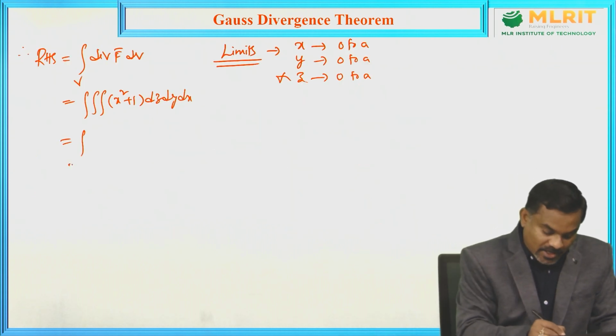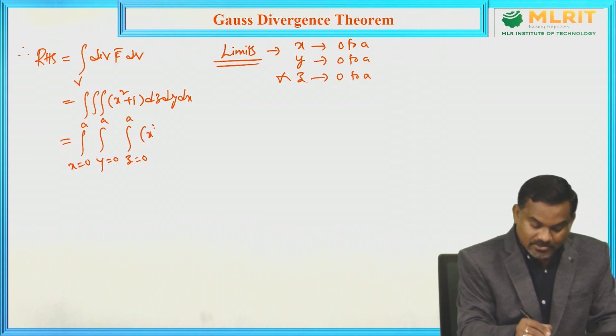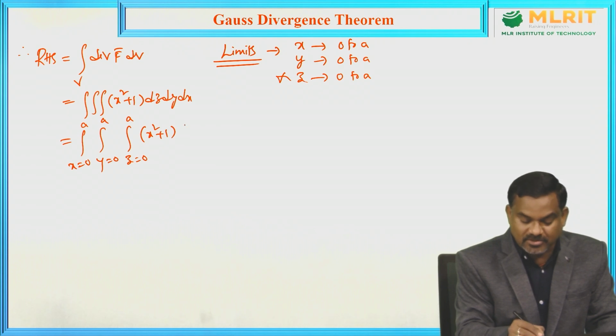So x from 0 to a, y from 0 to a, z from 0 to a, where x square plus 1 is the divergence of f bar.